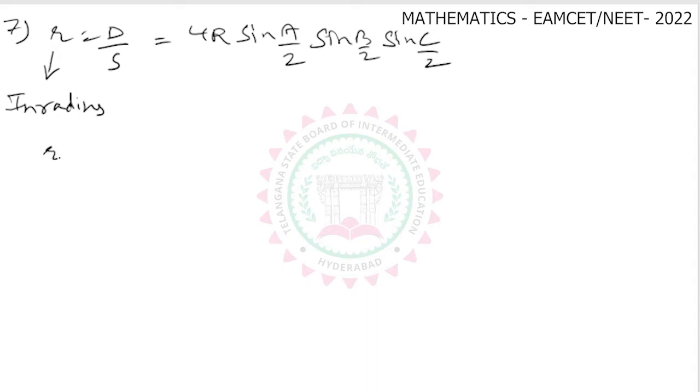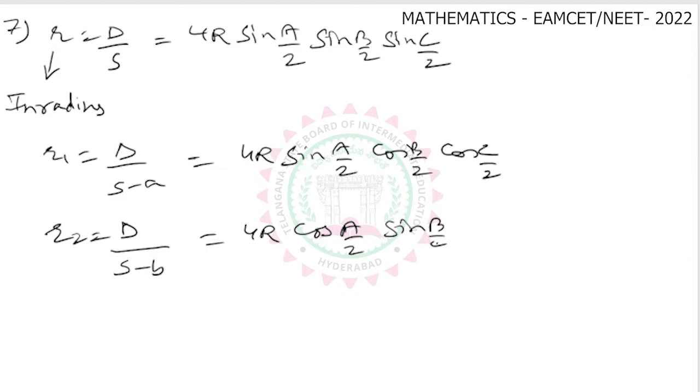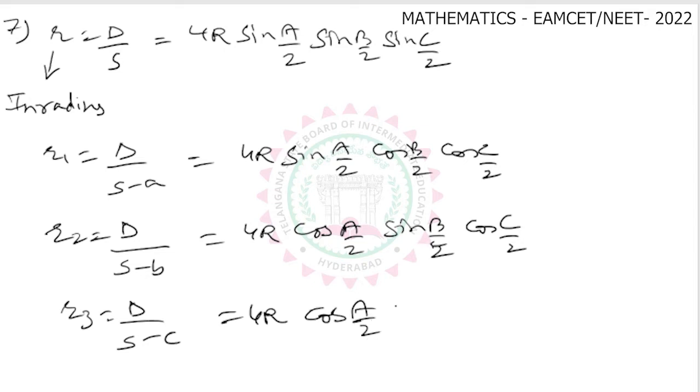Similarly, the exradius r1 equals delta by s minus a, equal to 4R sin A by 2 cos B by 2 cos C by 2. r2 is equal to delta by s minus b, equal to 4R cos A by 2 sin B by 2 cos C by 2. r3 is equal to delta by s minus c, equal to 4R cos A by 2 cos B by 2 sin C by 2.